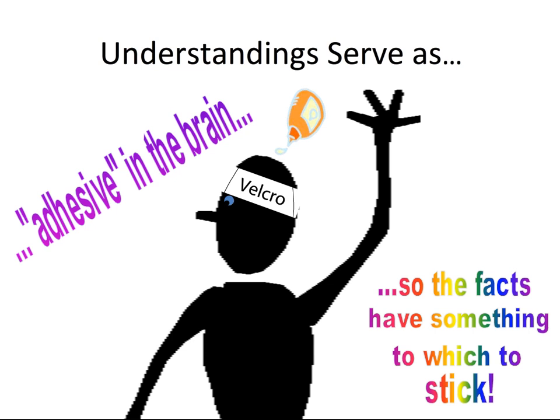And so they're like a kind of Velcro, if you will, where we have something to attach these skills and these facts, because we don't want kids to learn that in isolation. If they learn particular formulas, we want them to not only understand or remember those formulas and be fluent with those, but we also want them to deeply understand what that formula means in relationship to math as the bigger picture of math. And that's really what understandings give us.